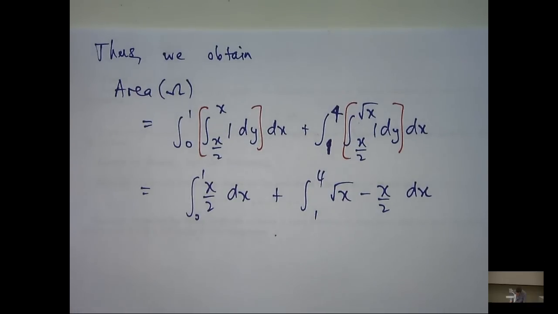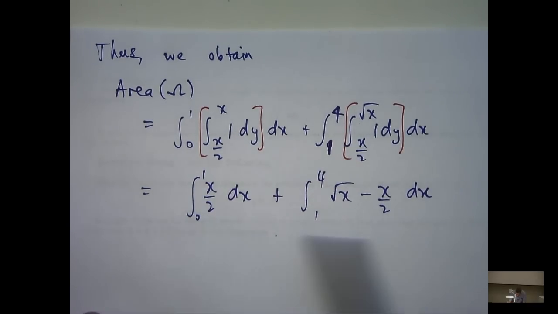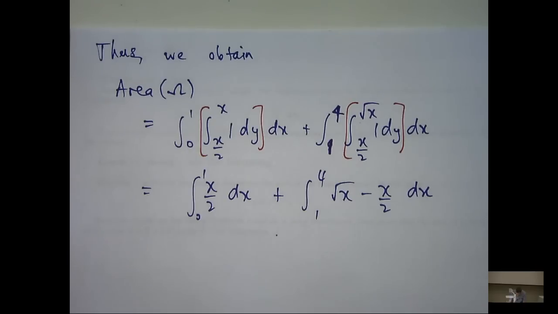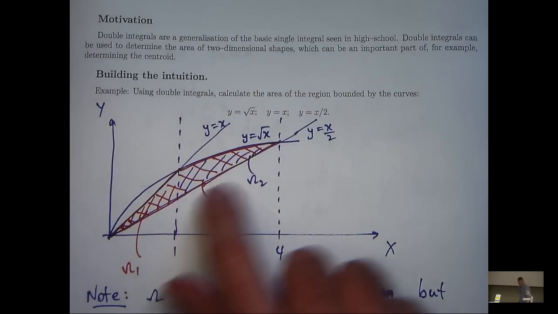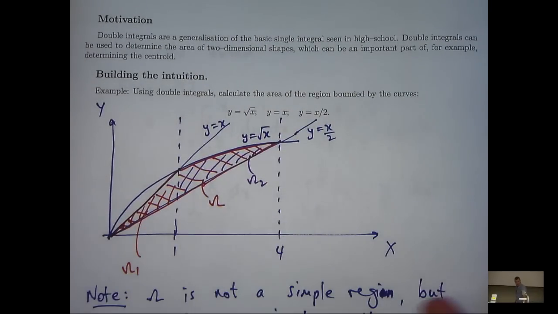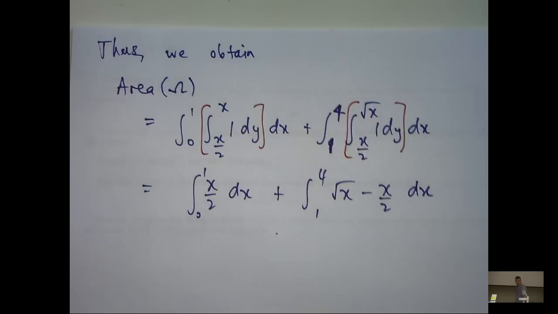Now, if you're using single integrals to solve this problem, you would actually start with this. So you can see now how it lines up with the simple ideas you would have learnt at school. But remember, the basic idea behind this problem is to get you to try to identify simple and non-simple regions.